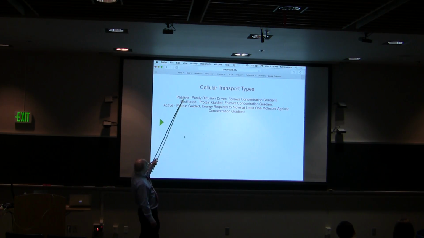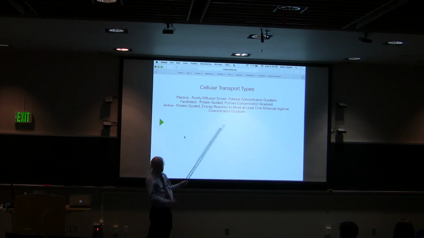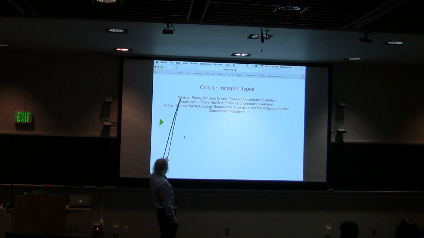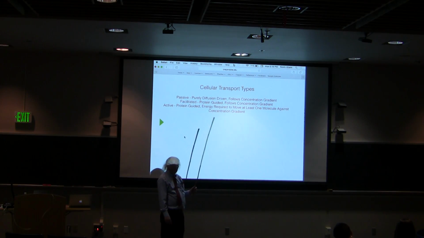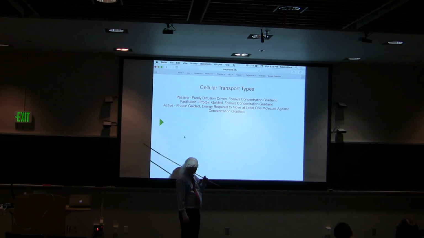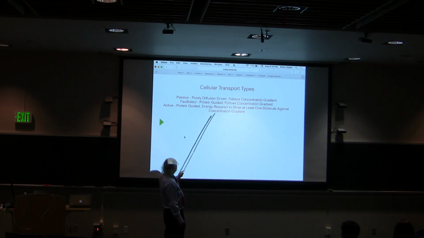I talked about different types of transport. First of all, passive didn't require a protein. It could just diffuse through the membrane on its own. We could talk about carbon dioxide or oxygen or water or carbon monoxide being passive because it doesn't require anything specific to let them go through, whereas facilitated has a protein that's helping them to go through.